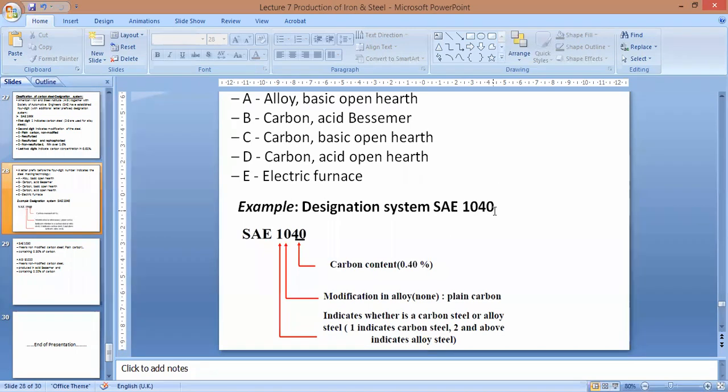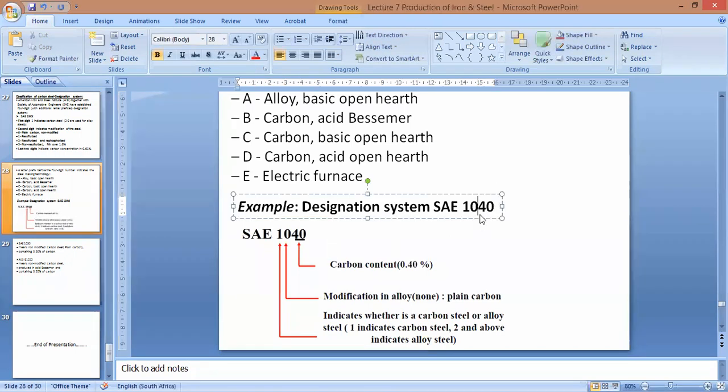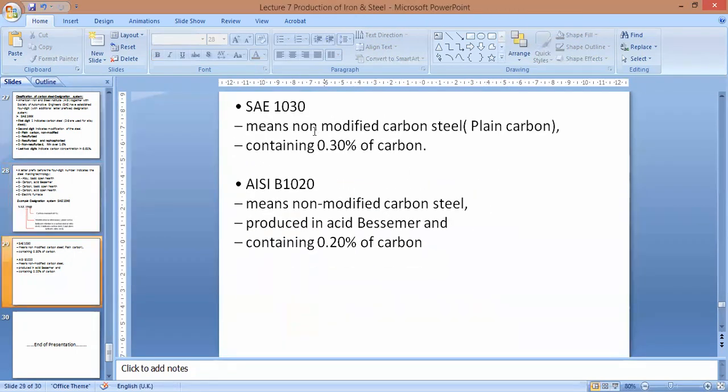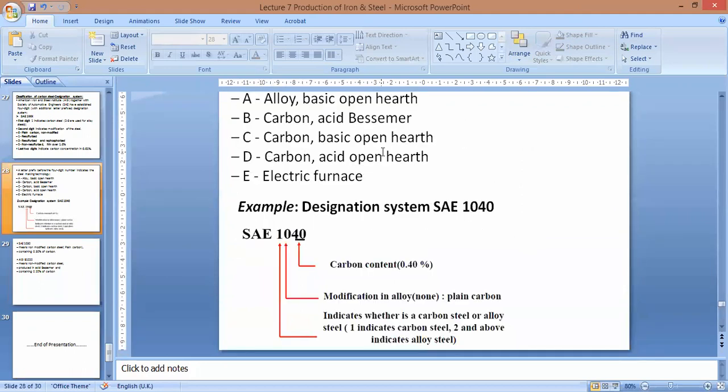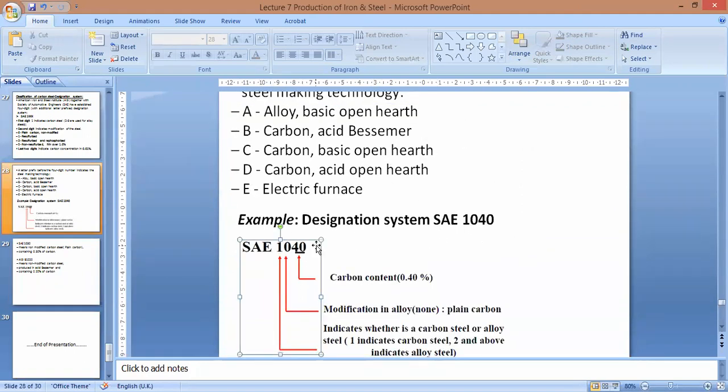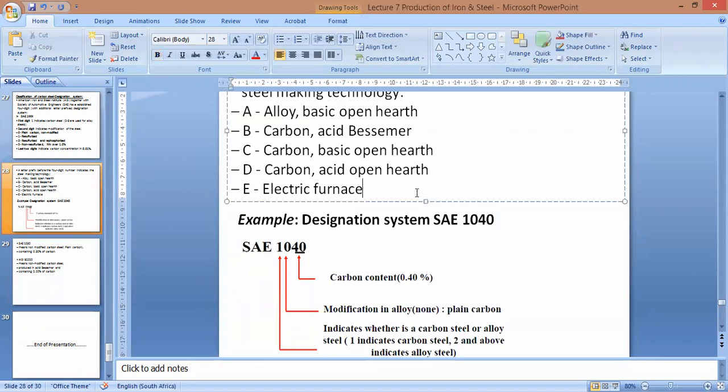SAE 1030. Let's try and figure out what it means.